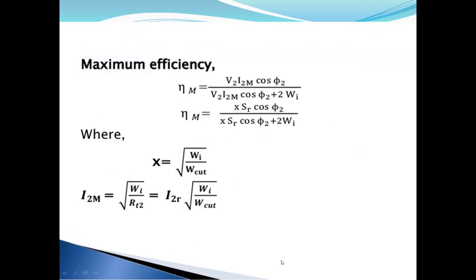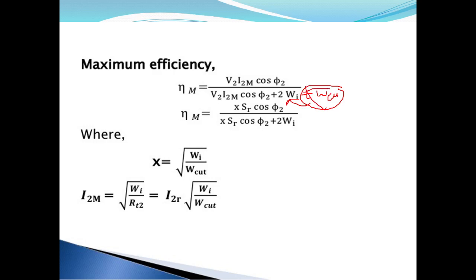So the maximum efficiency, eta suffix m, means maximum efficiency. Maximum efficiency equals V2 I2m cos phi2 upon V2 I2m cos phi2 plus 2Wi. Instead of copper losses, since copper losses are equal to iron losses at maximum efficiency, I am replacing it with this one, so it is written as 2 into Wi.